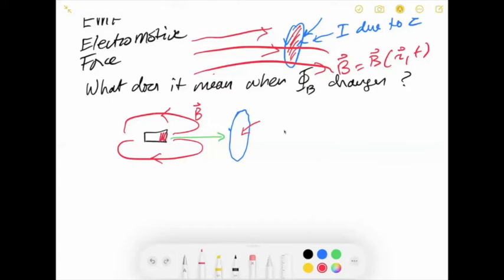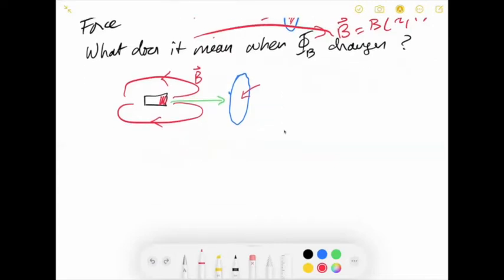Now, another way to do this is to take the loop and do the reverse. So instead of having the magnet move, you could actually move the loop towards the magnetic field.